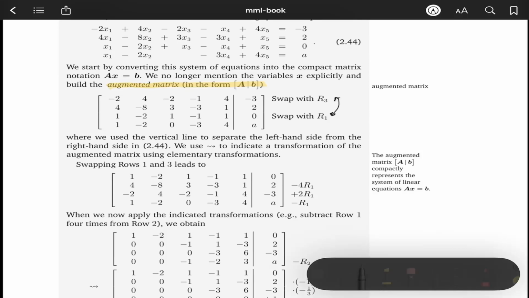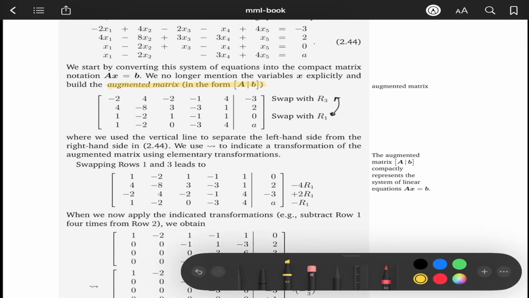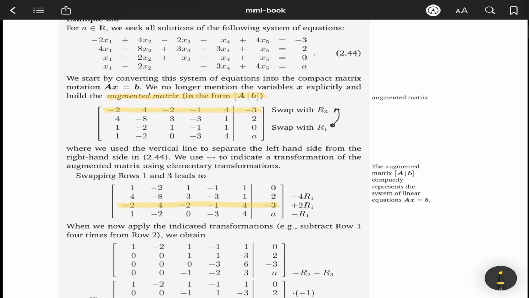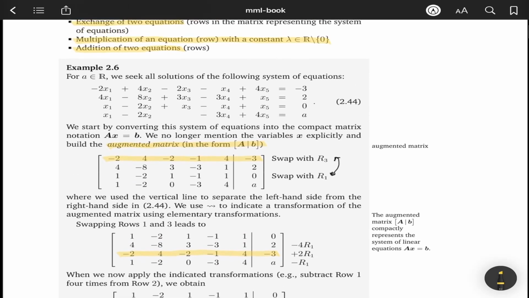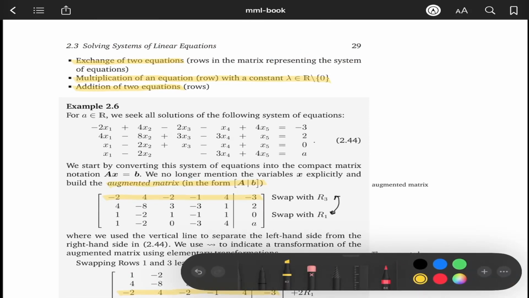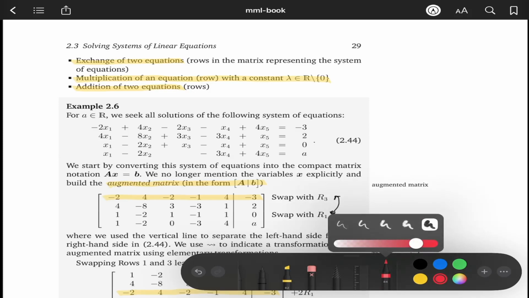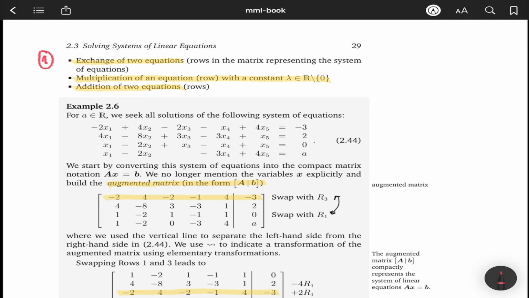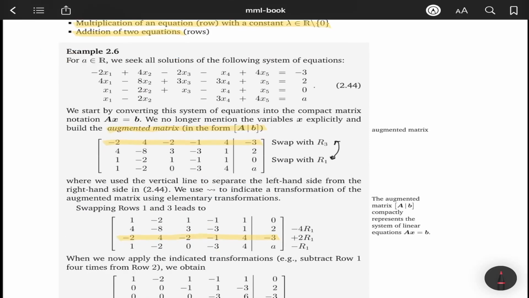If we take a look at our first row, we will find it now in the third place. Let's go one step back. They could swap it because our first rule, let's call it 1, is telling us that we can exchange two equations. And this is what they're doing.